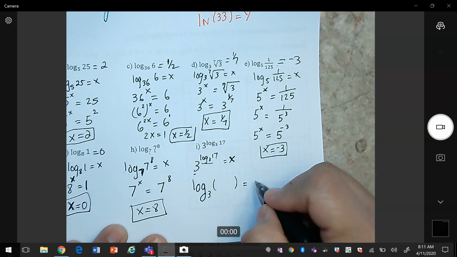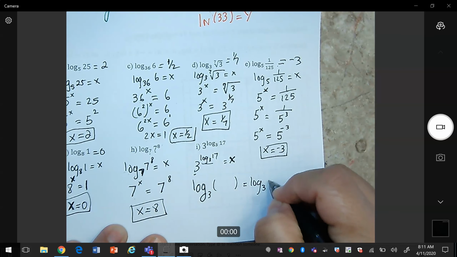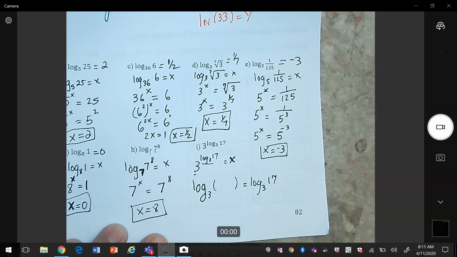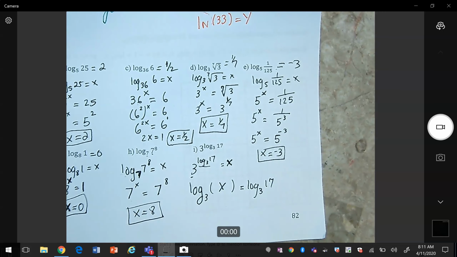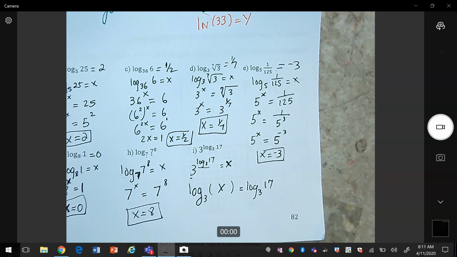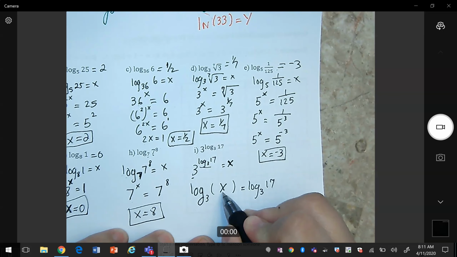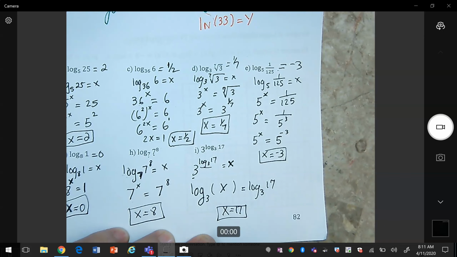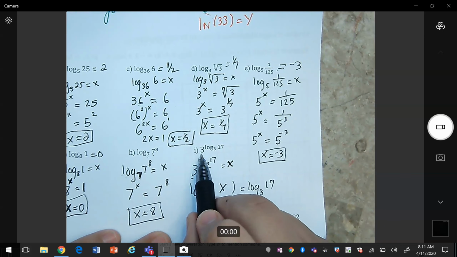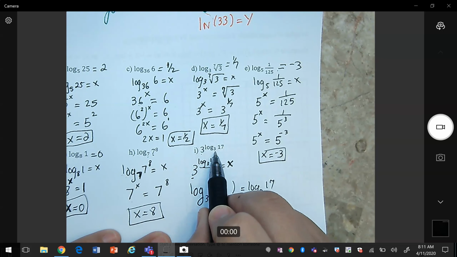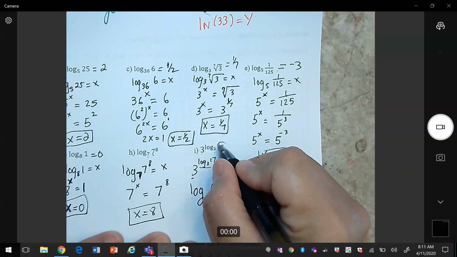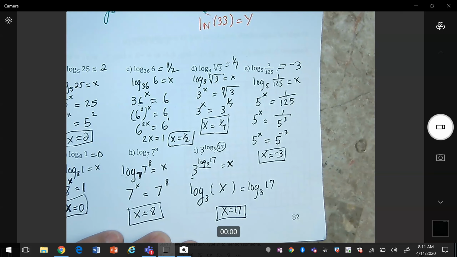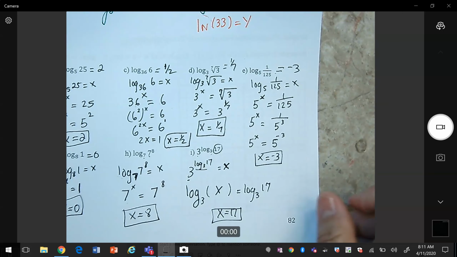In this case, my exponent is log base 3 of 17. So in order for these to be equal to each other, then x has to be 17. So in this case, if we have base 3 raised to a log with the same base, then your answer is going to be this number here, 17.